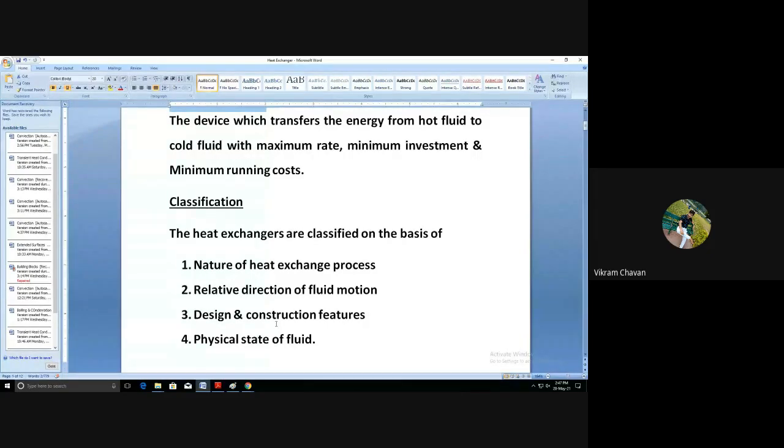So you can give the heading as classification, and in that you can write: the heat exchangers are classified on the basis of, first one, nature of heat exchange process.